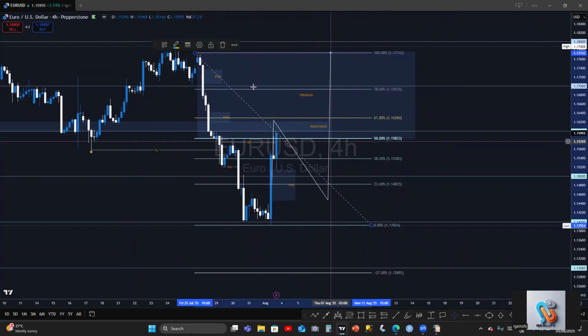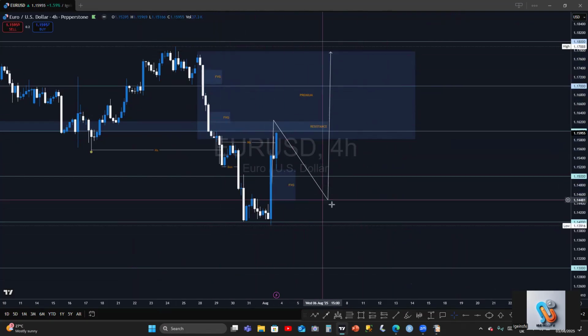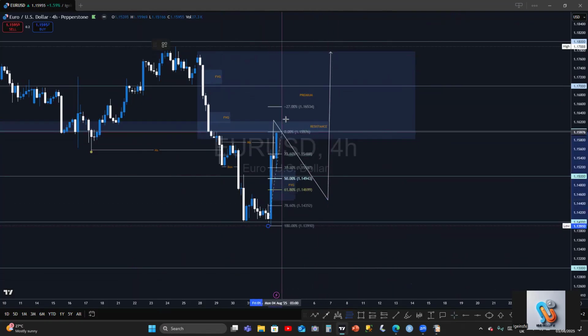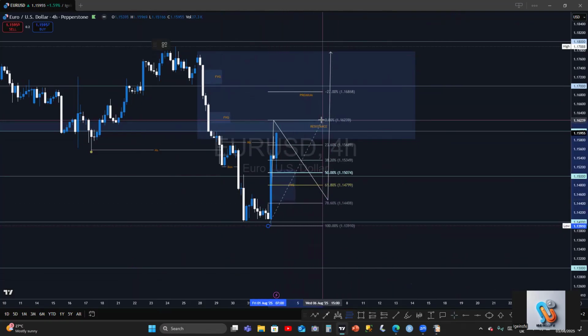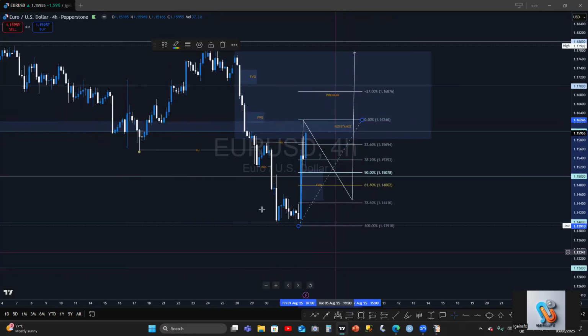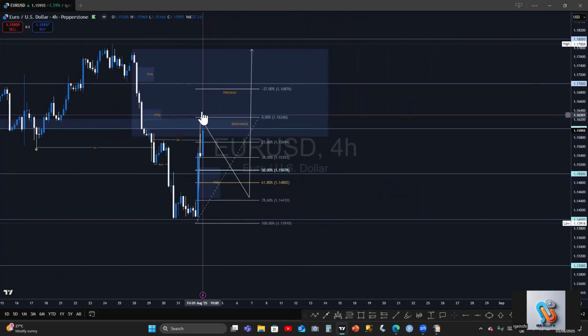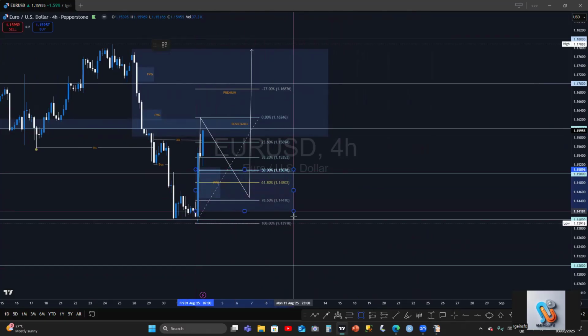If price turns like this, as it's making a pullback, you take your fib and measure from here to the high. Then you say, okay, as it's coming back, price should pull back into a discount level.